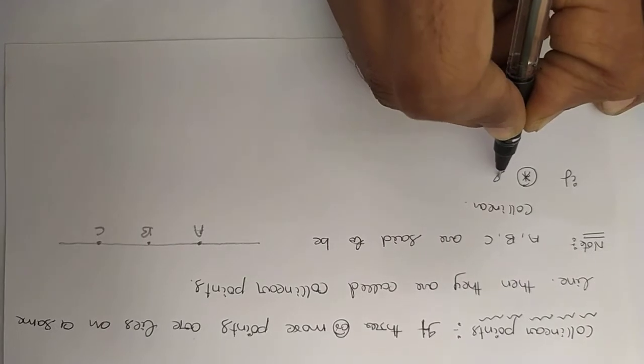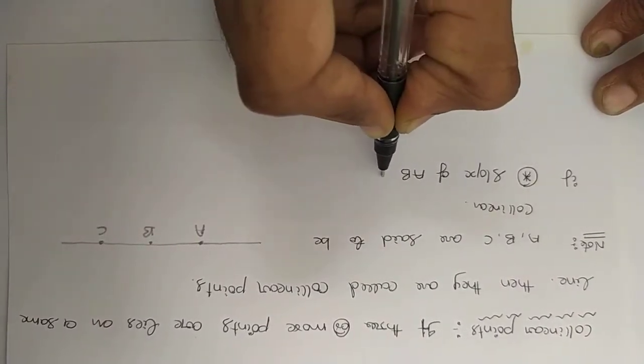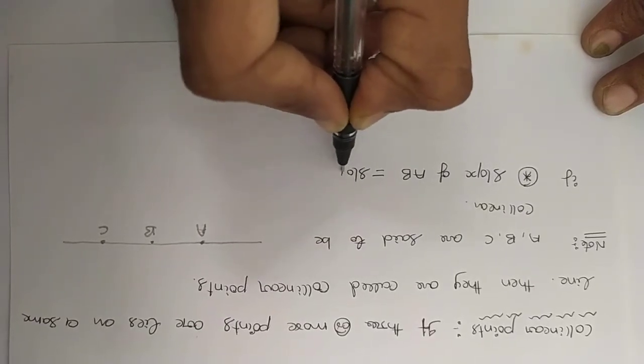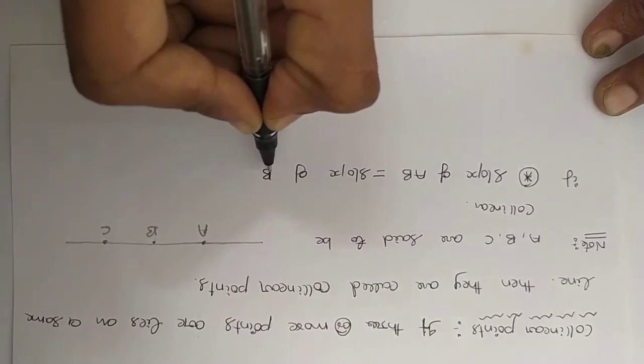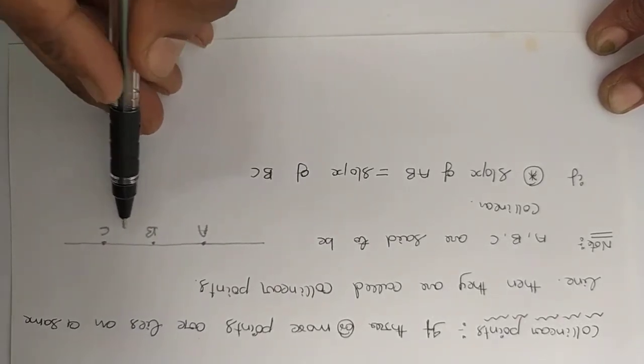First one, slope of AB must be equal to slope of BC. See, slope of AB must be equal to slope of BC.